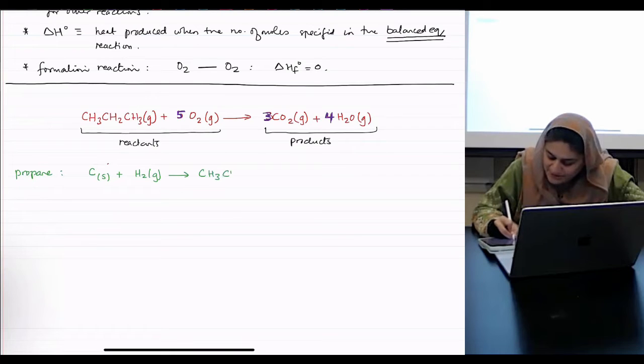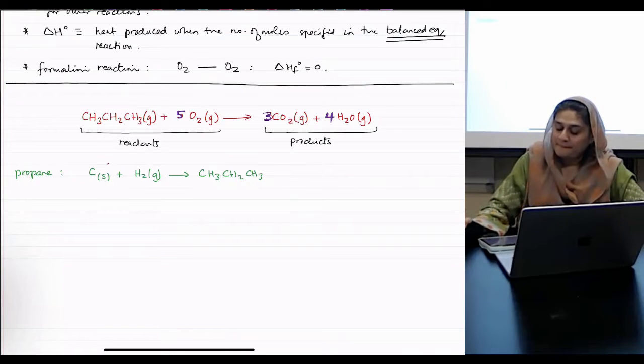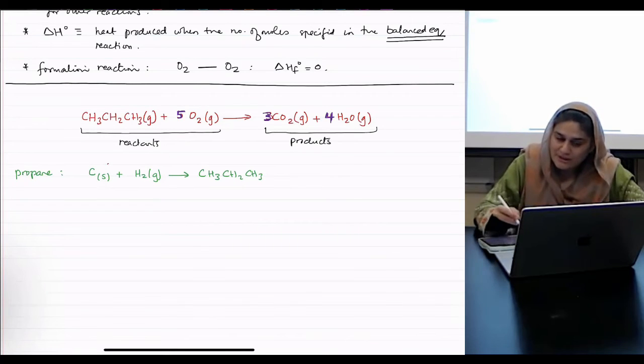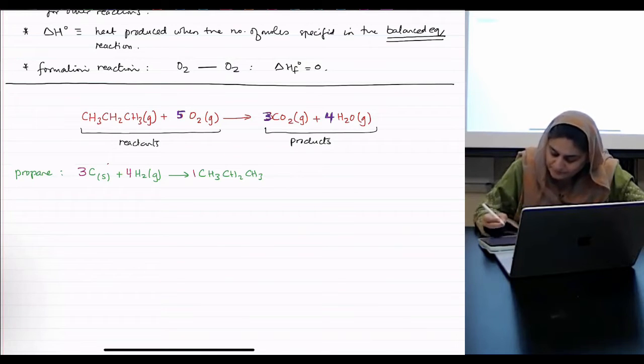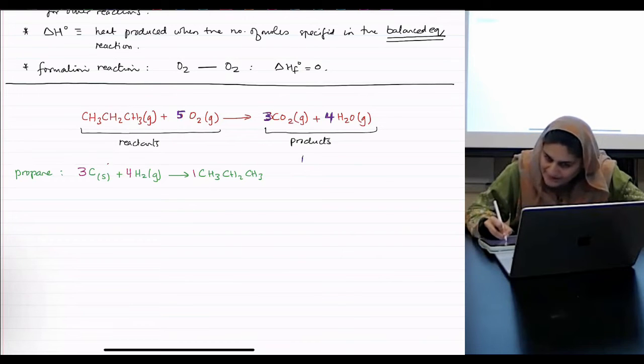It is a formation reaction with certain coefficients, 3, 4, and 1. And the value for this reaction is negative 103.8 kilojoules per mole.